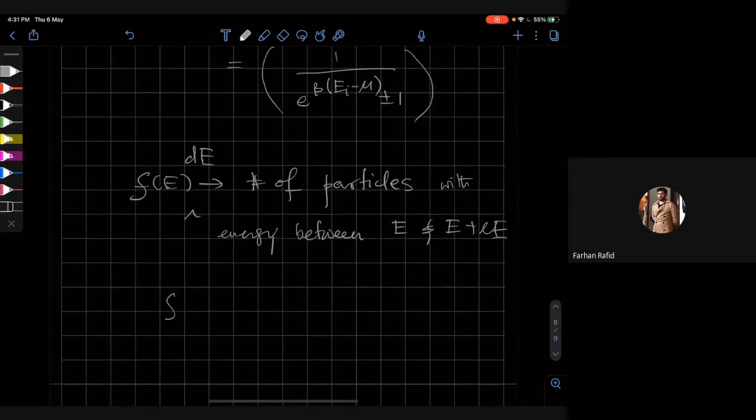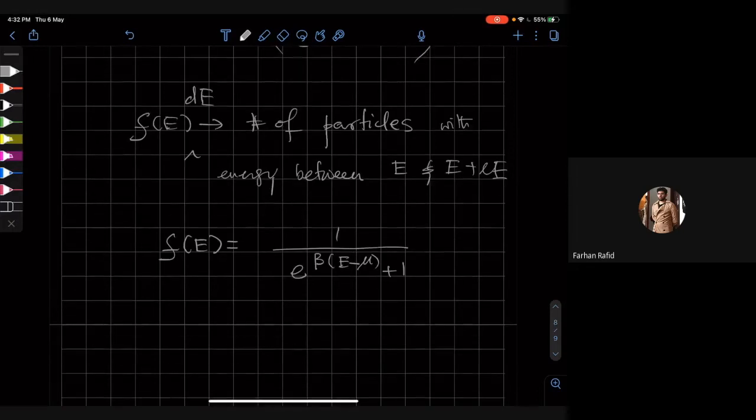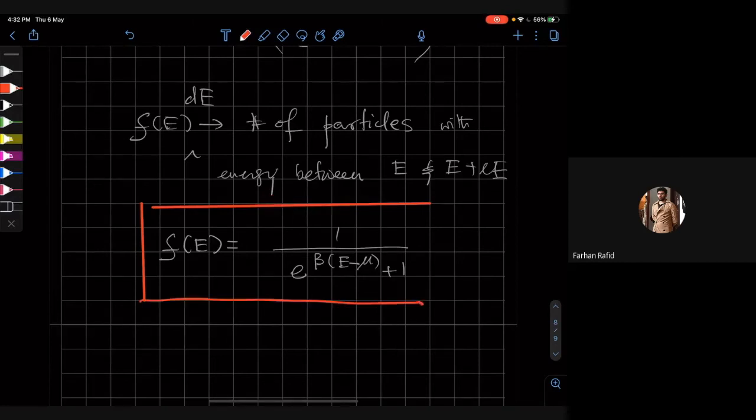Then we can say f(E) is, for fermions, 1 over e^{β(E − μ)} plus 1. And this expression is called the Fermi-Dirac distribution.